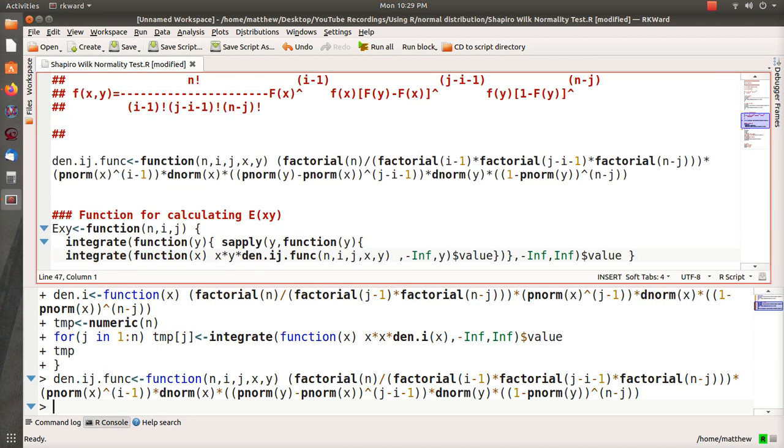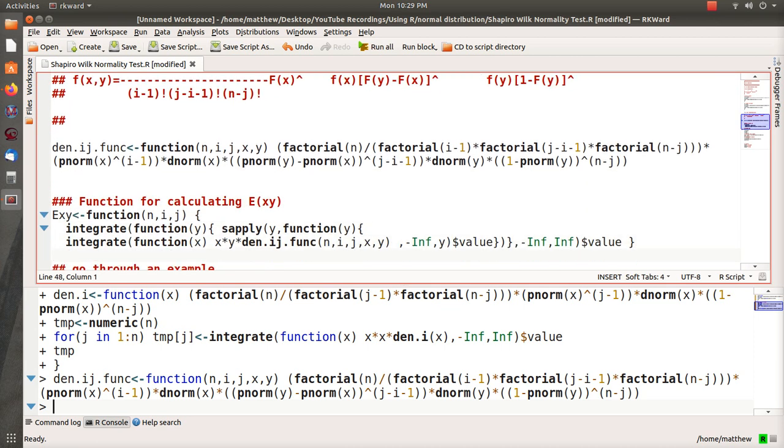Now to calculate the covariance, I think it's easiest to calculate the expected value of x times y, because then if you subtract off the mean of x and the mean of y, you get the covariance. And so this is the expected value, so it's a double integral. And remember, we're going to think of x as being less than y.